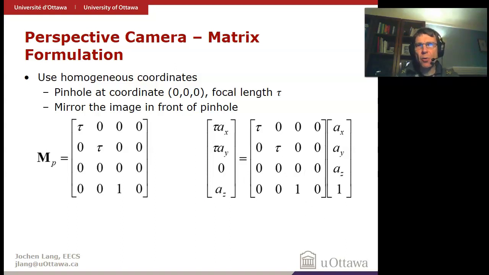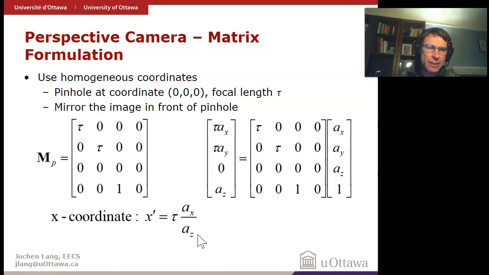So how do we know what the Cartesian coordinate of this image point is? Well, we have to divide by the homogeneous coordinate, just as before. The only difference is that we now have a value other than 1, but the rule stays the same. So the Cartesian coordinate for x is tau times AX divided by the homogeneous coordinate AZ.